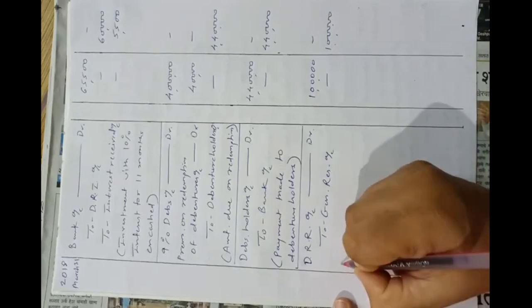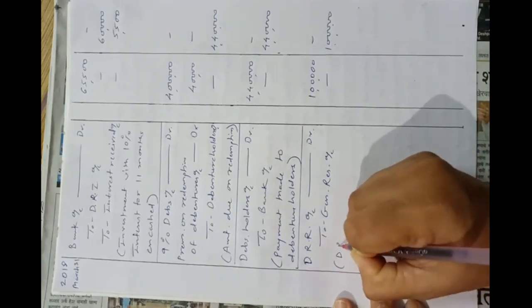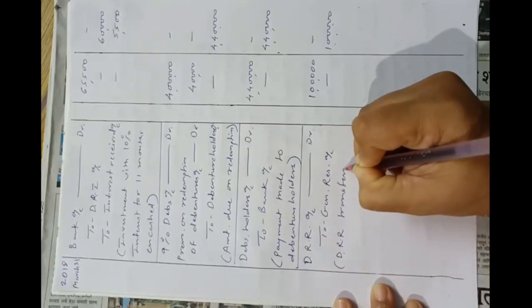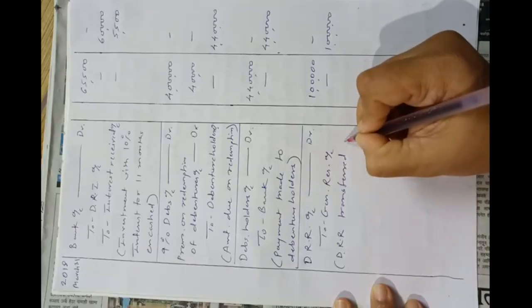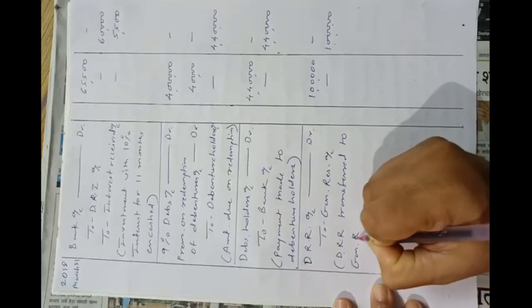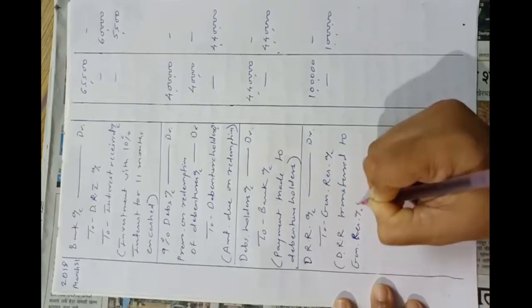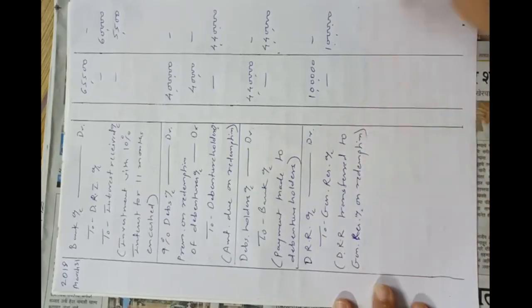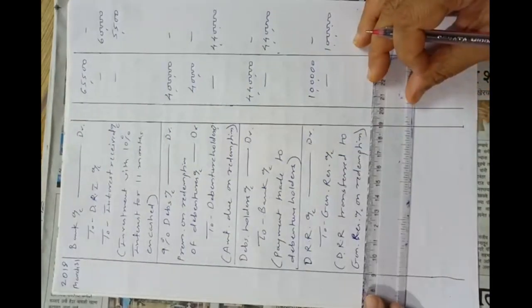Okay, DRR transferred to general reserve account on redemption. This is the entry.